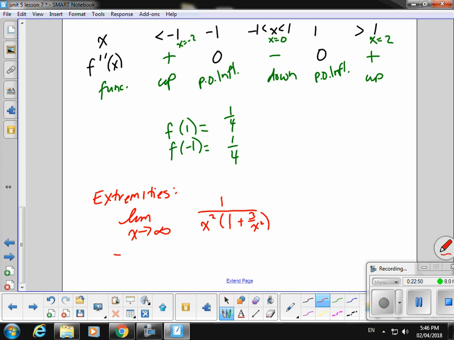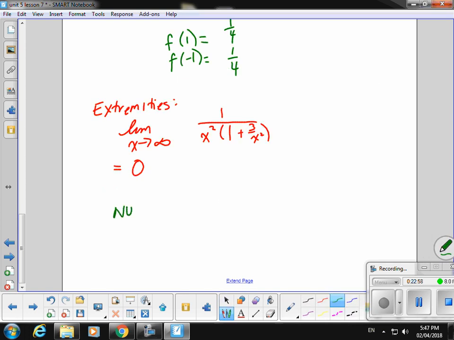And in fact, this whole function gets closer and closer to 0 as x approaches infinity. There is no oblique asymptote, for 2 reasons. You can't have a horizontal and an oblique asymptote at the same time, nor is the numerator 1 degree higher than the denominator.